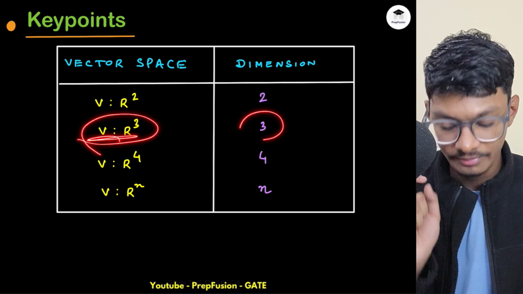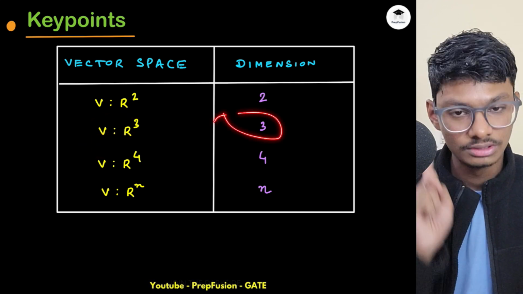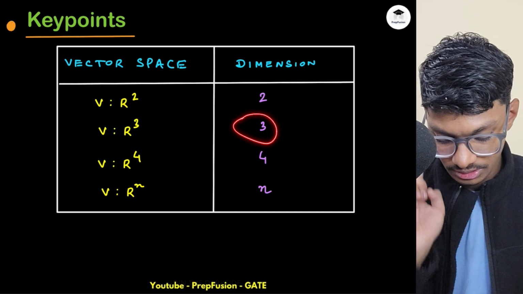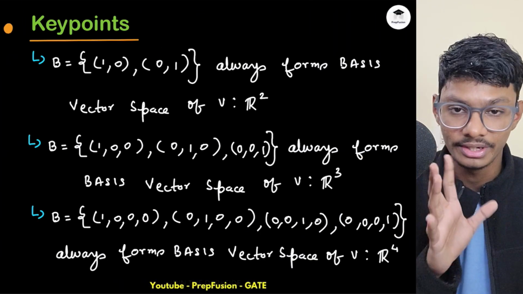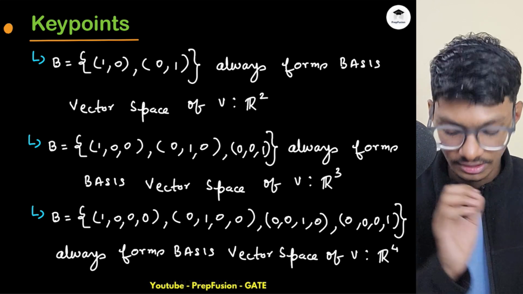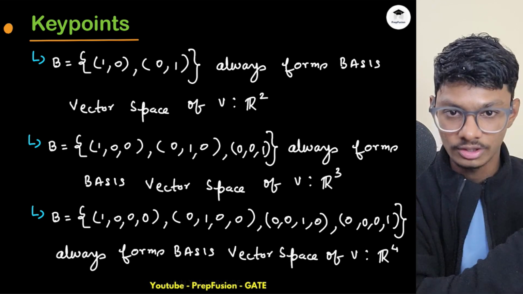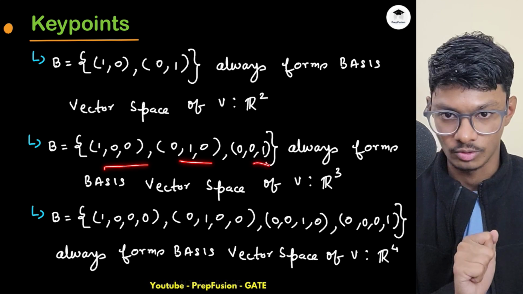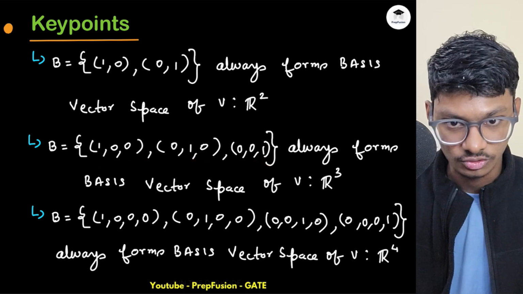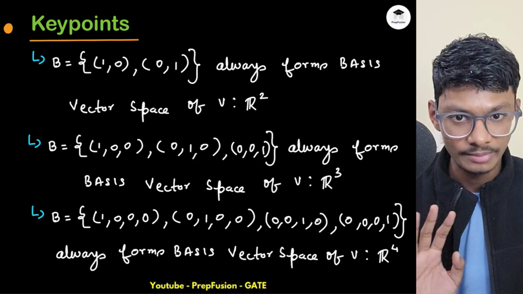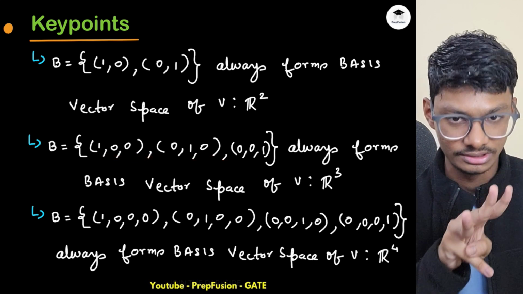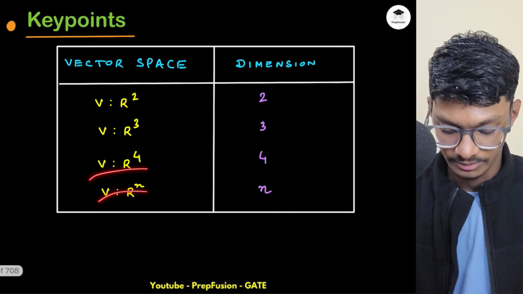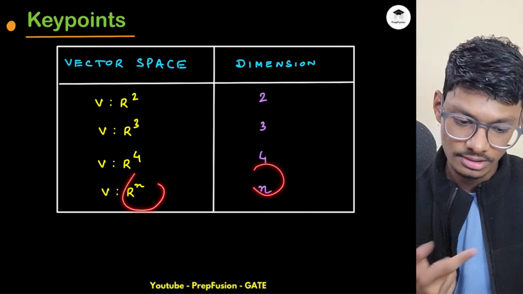For R cube I have 3 dimensions. So how many distinct vectors do I have in the basis of R cube vector space? 3, right? There can be other bases also, but for forming a basis there will be only 3 distinct vectors. Again you can do the same example for R raised to power n. It will be n dimension.